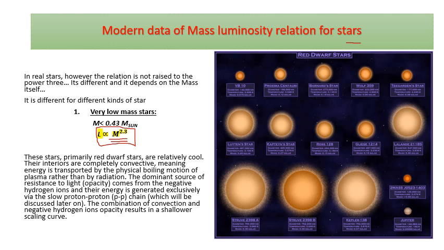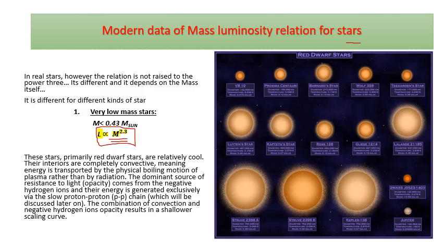So these low mass stars are primarily called red dwarf stars. They are relatively cool. Their interiors are completely convective. So this means that the energy that is transported outside the star is completely because of the physical boiling motion of the plasma rather than radiation.